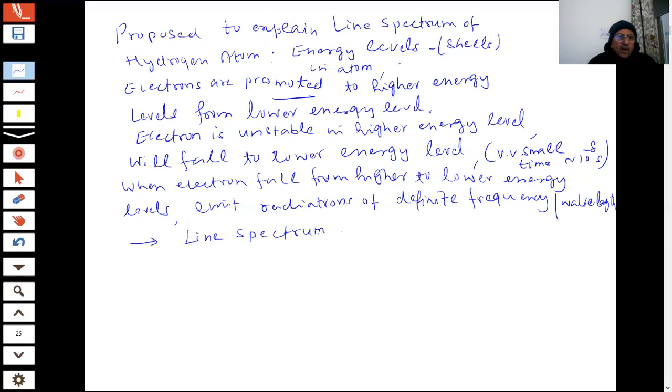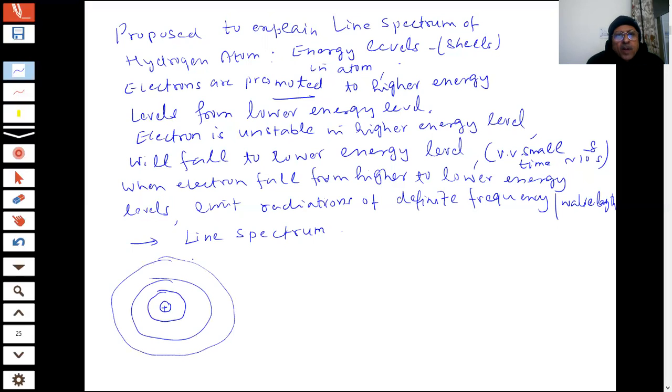No, sir, no doubt. Okay. What we are saying, student? This is your nucleus. This is your ground state. Higher states are more like this. Electrons were here.